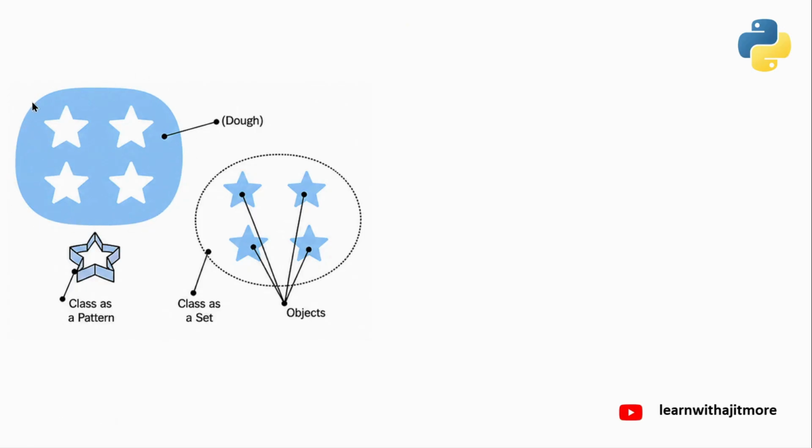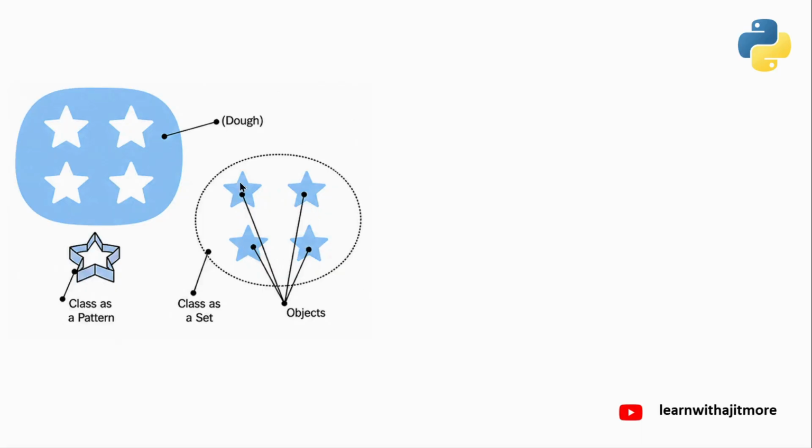After spreading it, she presses this mold on it, and you get a lot of star shapes that she picks one by one and puts in a tray, and then she inserts it in the oven. After baking, you get a lot of cookies of the same shape.